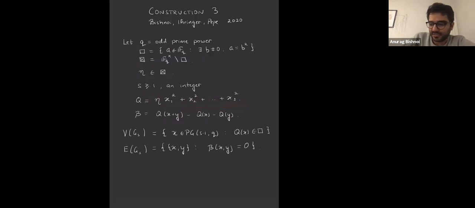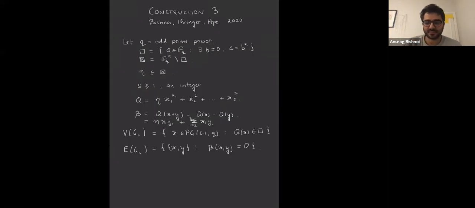And now, again, you just take beta, which is the symmetric bilinear form that this quadratic form polarizes to. And so you can just write it down as eta times x1 y1 plus the sum of x_i y_i, for i up to 2s.